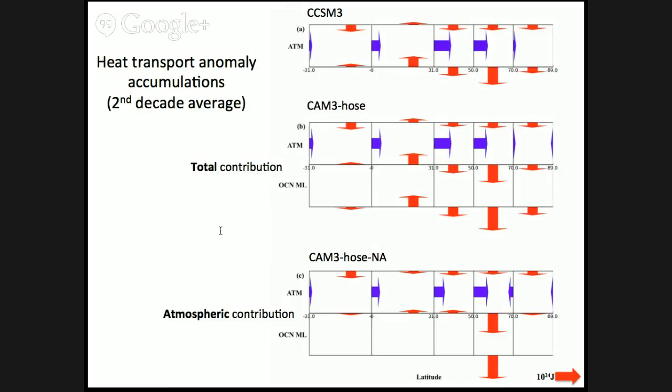Yeah, in the mid-latitudes, the vertical fluxes. See, when the ocean's there, there's a lot more heat going into the ocean, and as for the atmosphere-only simulation, there's heat coming out of the ocean, right?